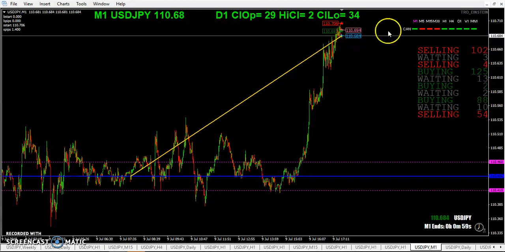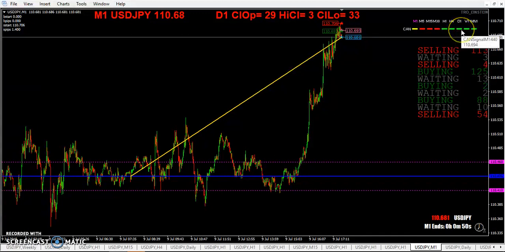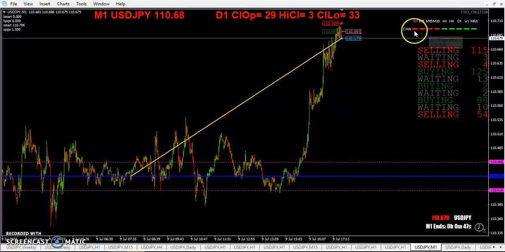No, but I can see real quickly here without even looking over here: we've got a green H1, a green H4, a green day, green week, green month. And anything below that, from this half hour, we're going the other way. So what would that be called? A pullback. So, the line is just a tool. Do you need that tool? Do you want to use that tool? That's up to you.